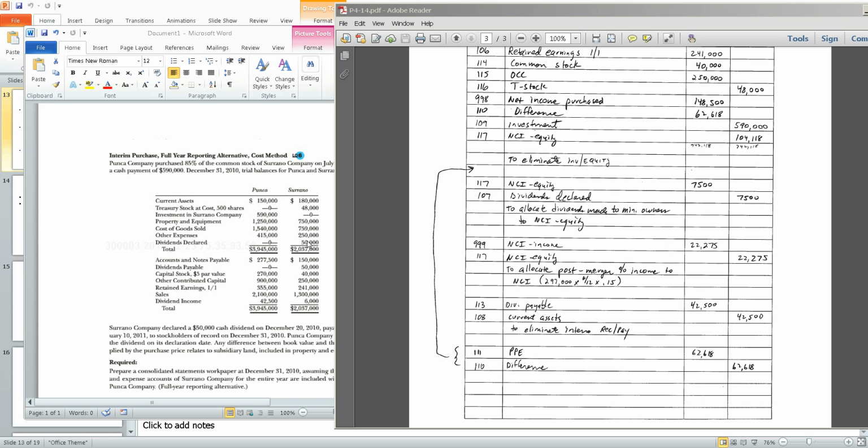The minority shareholders received 15% of that, or $7,500. So the entry here is to transfer a portion of this balance over to the equity section of the consolidated balance sheet in an account called non-controlling interest in equity. That's accomplished by this entry.